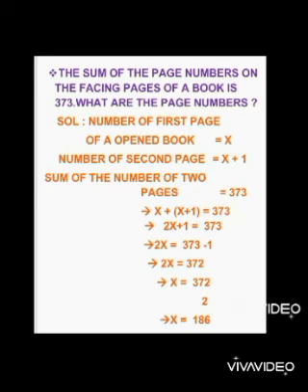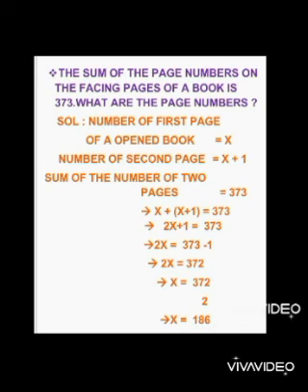x plus x is 2x, plus 1 is equal to 373. Now let us transpose 1 to the other side. Then you will get 2x is equal to 373 minus 1, which is 372. Now you have to find out the value of x. Transpose 2 to the other side. So x is equal to 372 by 2, which is equal to 186.